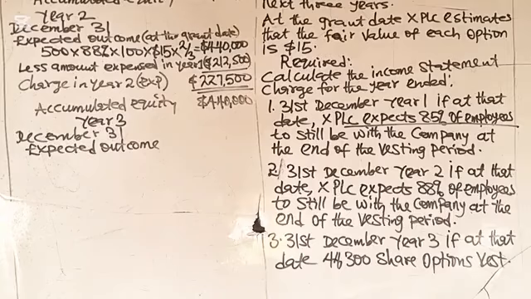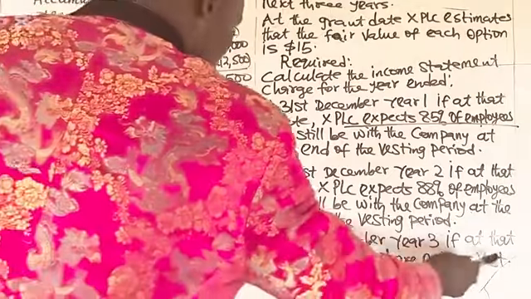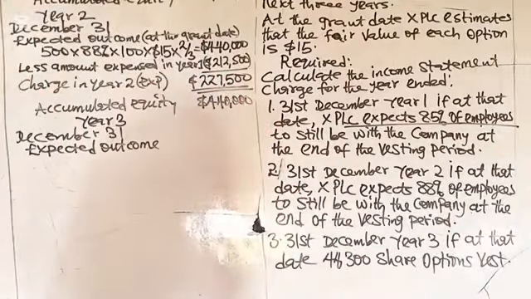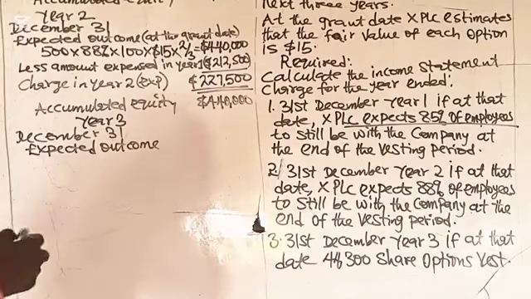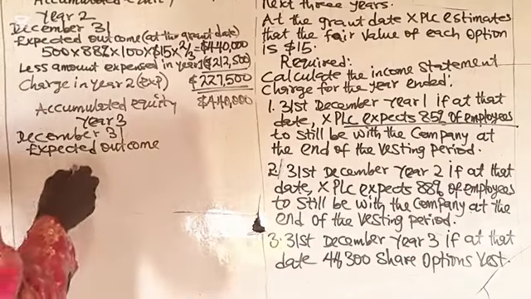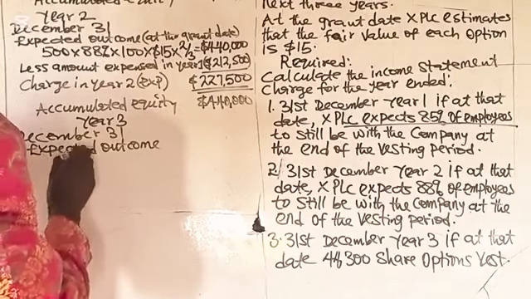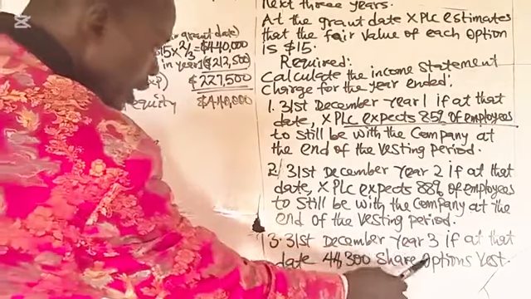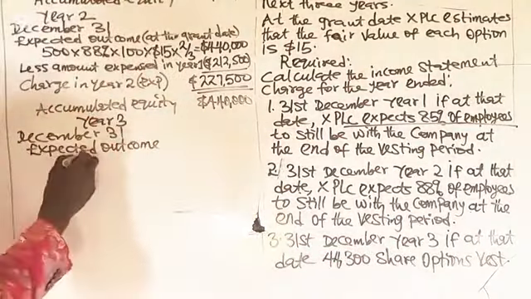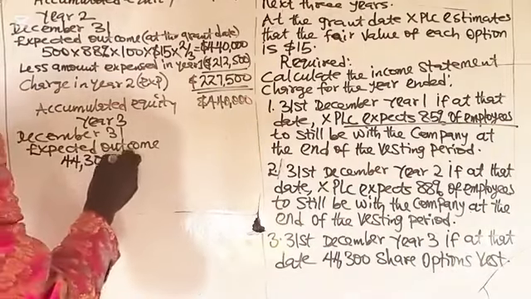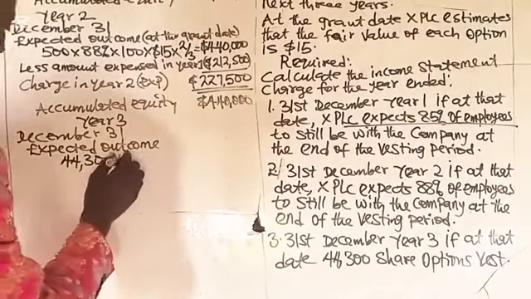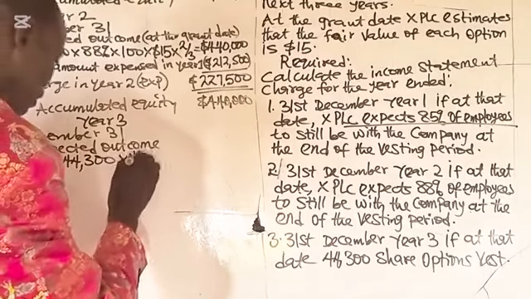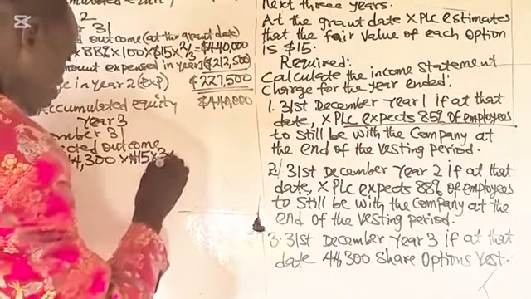You were told that at 31st December year 3, 44,300 share options vest. The share options that vested at December year 3 are 44,300. Now, this is the cumulative for 3 years multiplied by the fair value, which is the market price, $15, times 3 years out of 3 years.